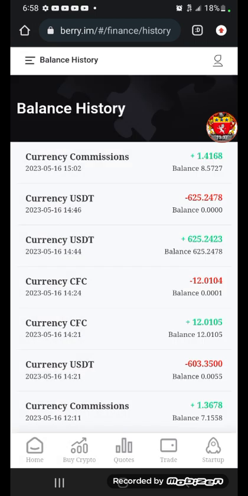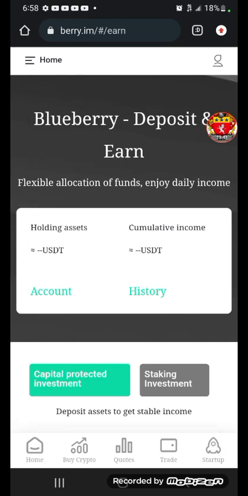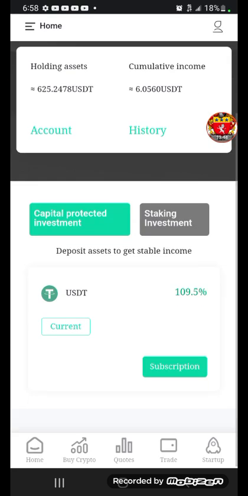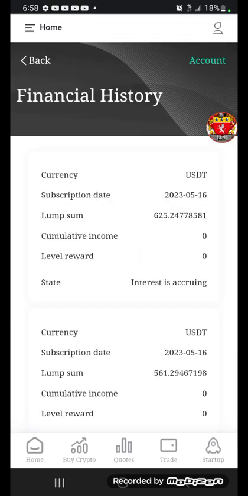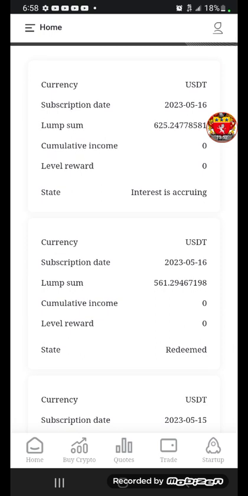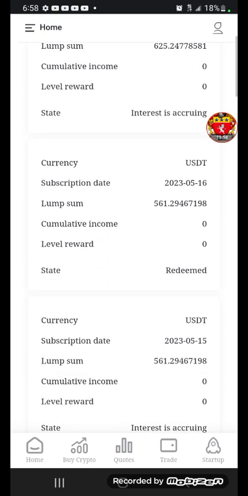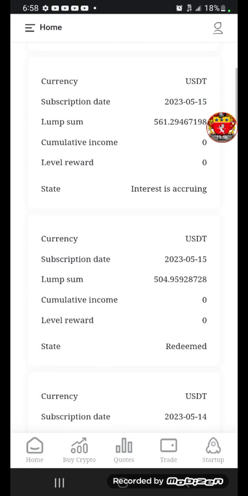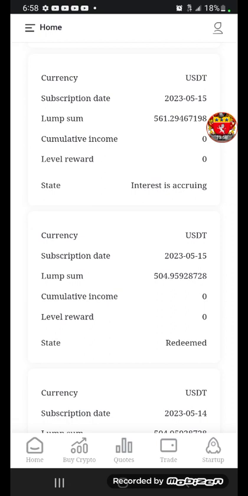Let's go here and let's look at my history. See, I staked at 625. Yesterday I had 561 when I staked. And the day before that I had 504.